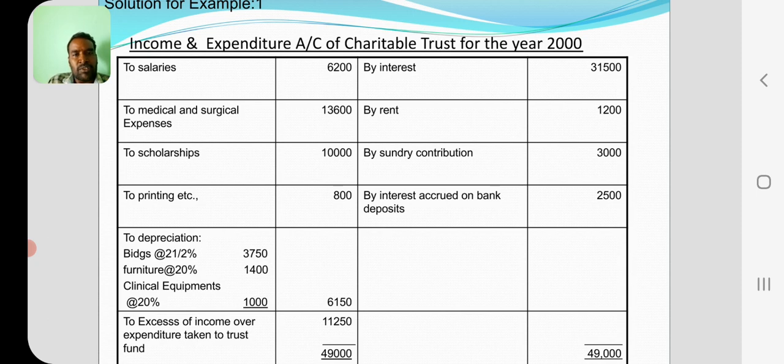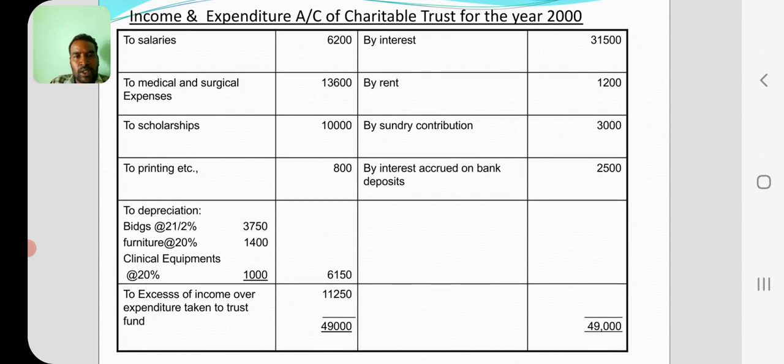Medical and surgical expenses also a revenue item, 13,600. Next, scholarships, 10,000. To printing etc., 800.